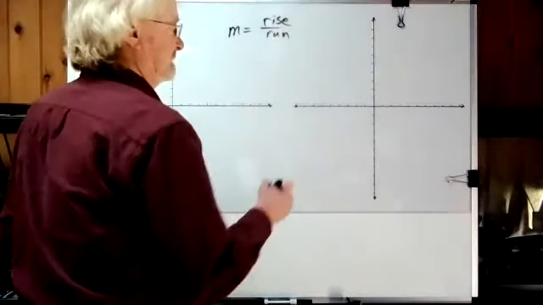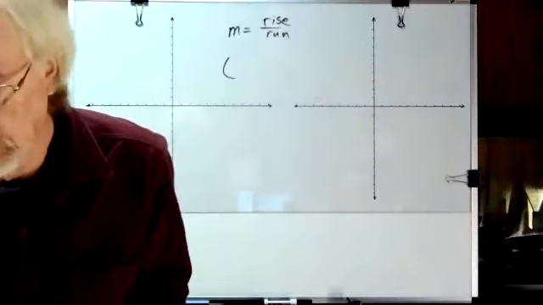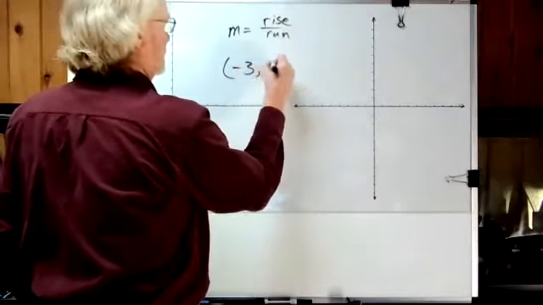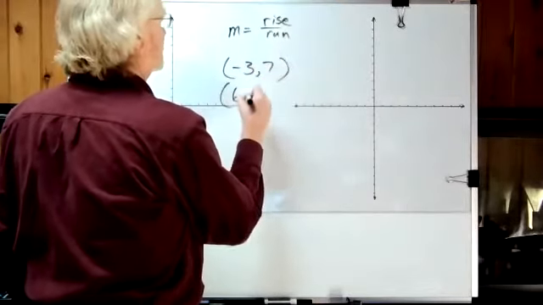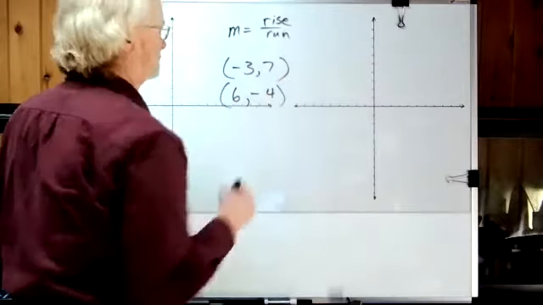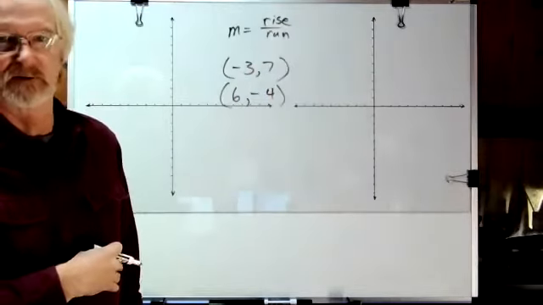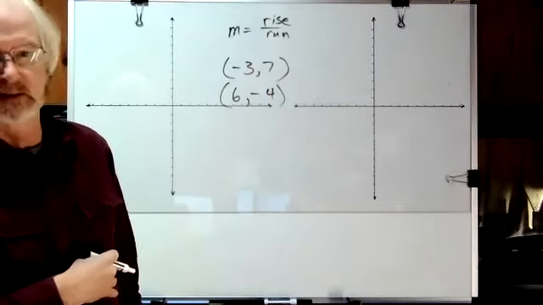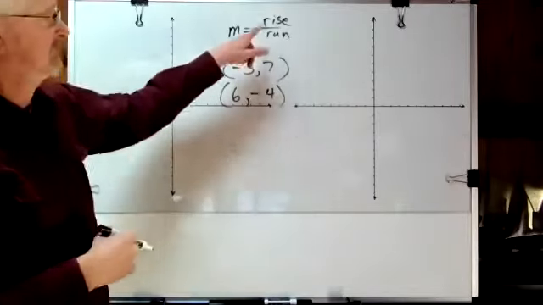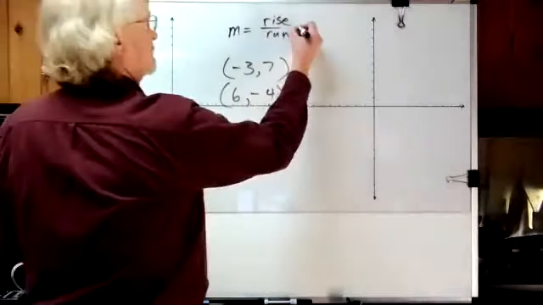If I know 2 points, I've got 2 points. Can I calculate the slope of the line that goes through those 2 points? You need to know the slope formula, how to use that more calculation-based version here.